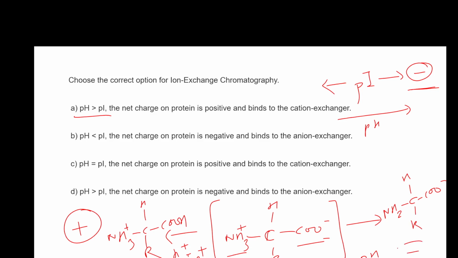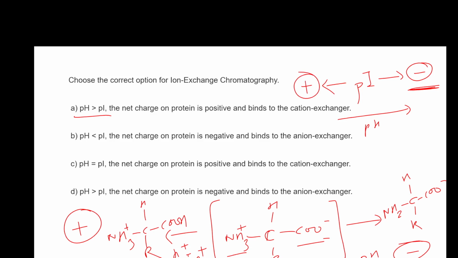Then the net charge becomes negative. So at pH higher than pI, the protein remains in negatively charged form, and at pH lower than pI, the protein remains in positively charged form.